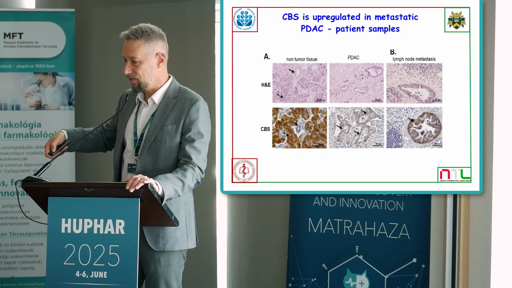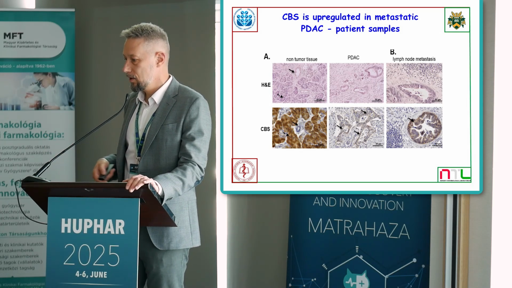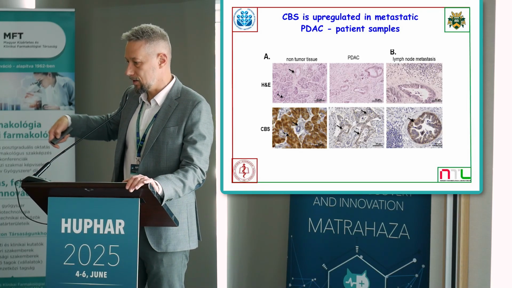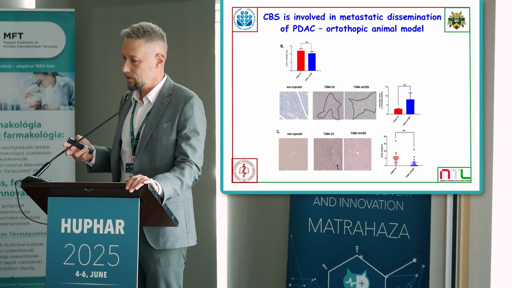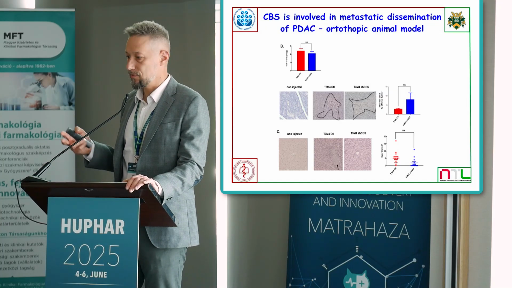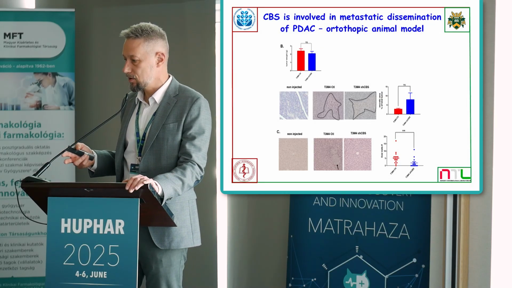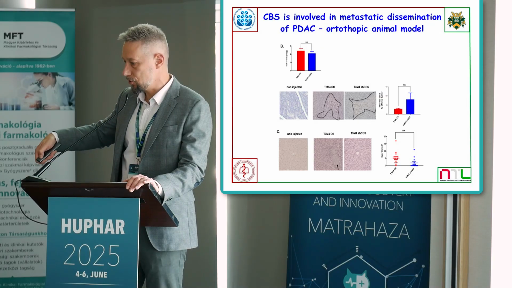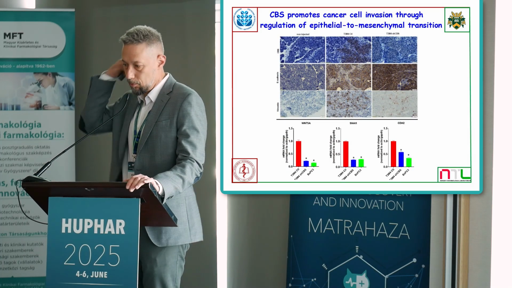And indeed, that's what we found in patient samples as well. In the ductal cells, CBS was expressed upon the appearance of metastasis. And we found that in this particular case, CBS was not involved in protection against ferroptosis, was not involved in angiogenesis or in the hypoxic response, but it was involved in the aggressiveness of the tumor and in the metastasis formation, as we saw with this orthotopic injection animal model.